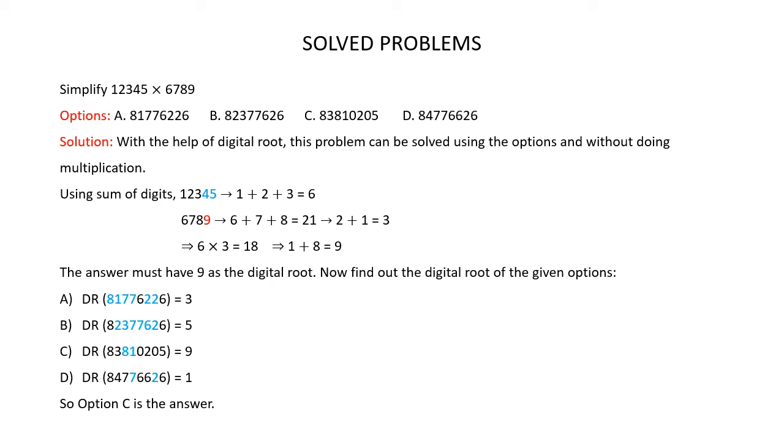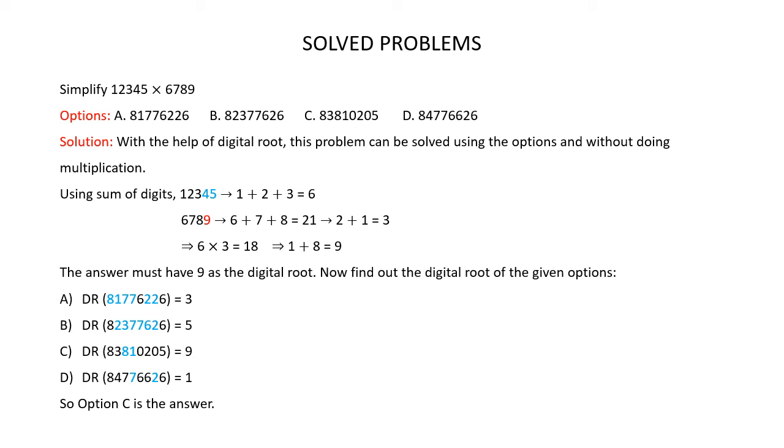Now look at the given options. Find the digital root of each of these numbers. The number that has the digital root as 9 is the correct answer. Let's consider option A and find the digital root of 817762226.